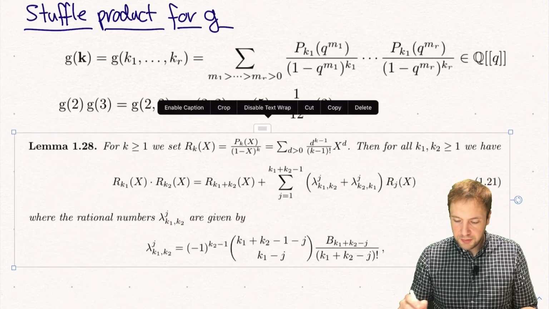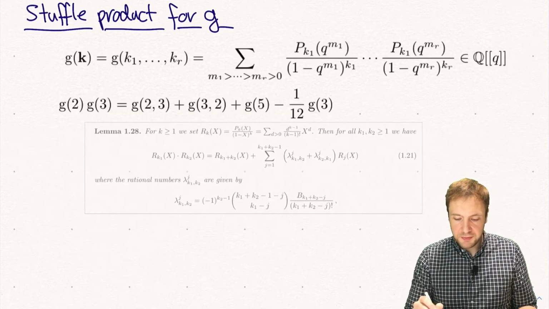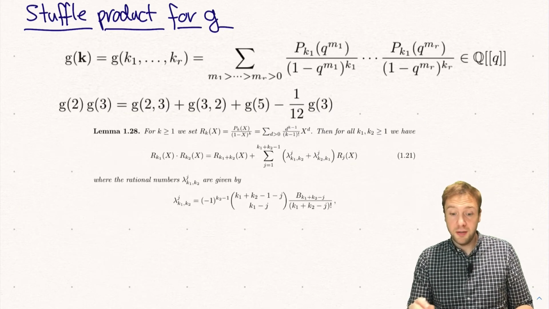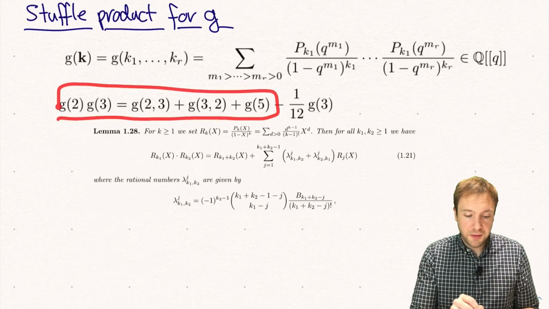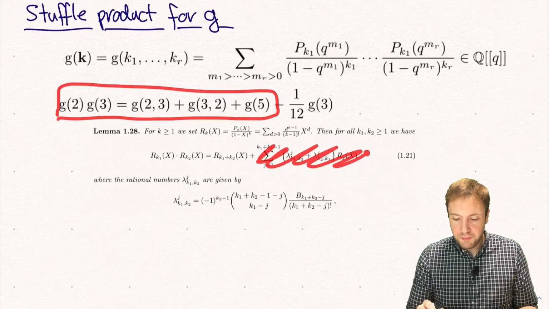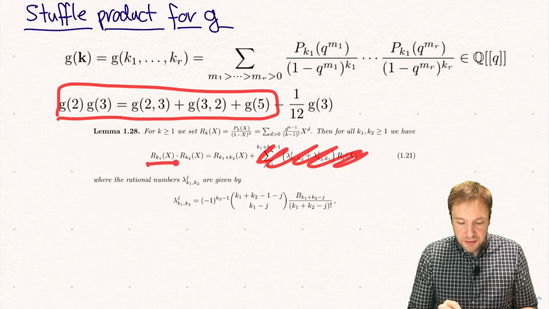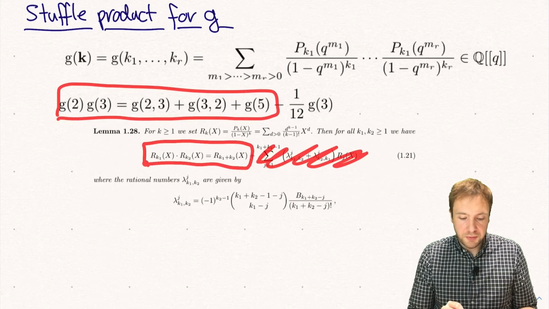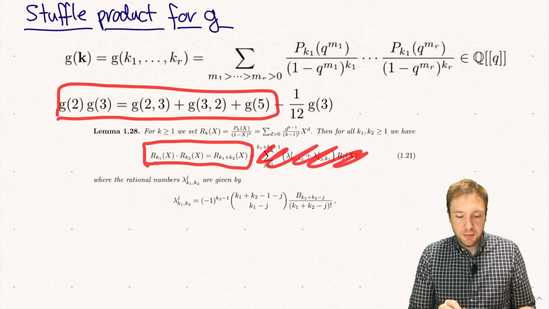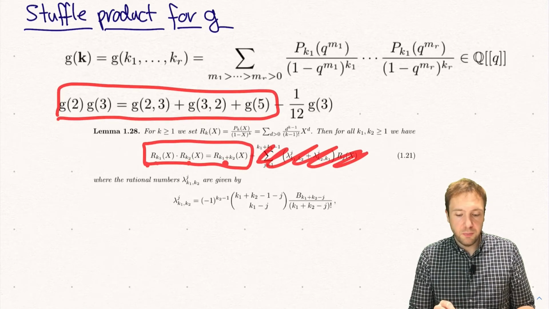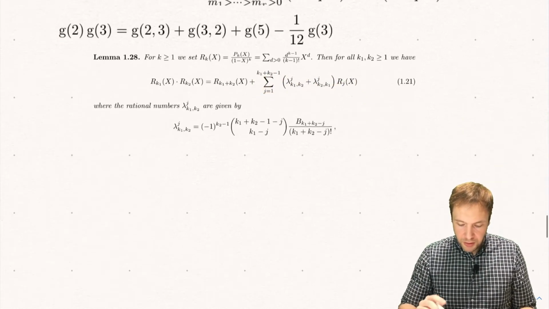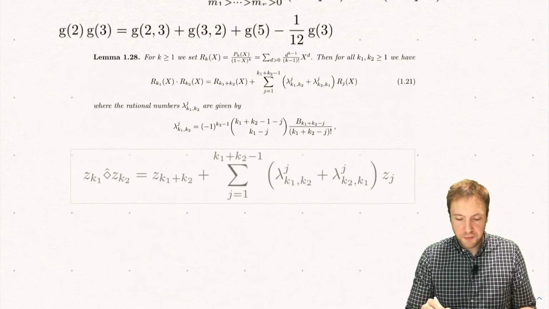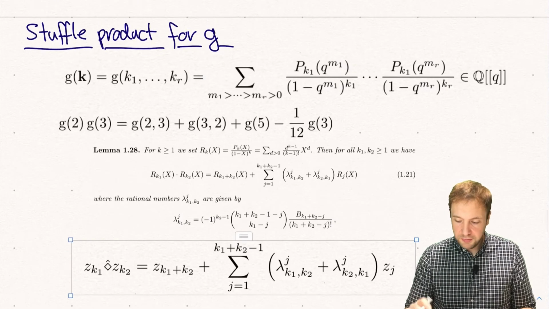So this gives the idea how we should define our diamond, because in the classical case, if they satisfied just the Schaffer product, then we wouldn't have this extra term here, and then you could read off the definition of the diamond, which says that the diamond of a letter zk1 with zk2 is just z of k1 plus k2. But since we now have these extra terms, our diamond, which we will define now, will look something like this.